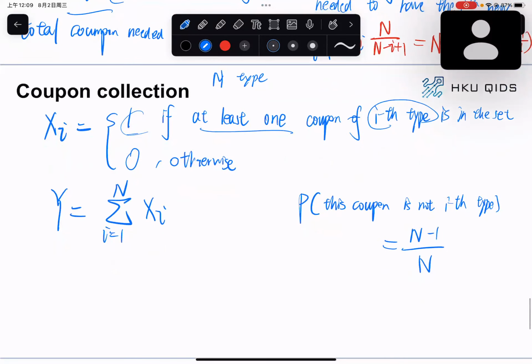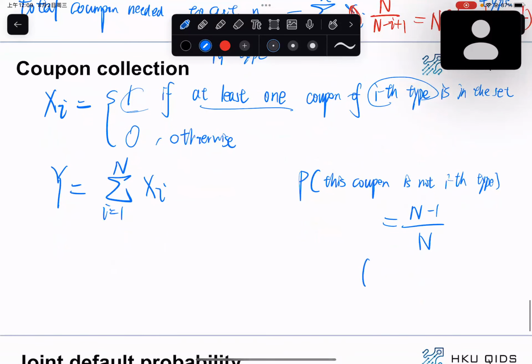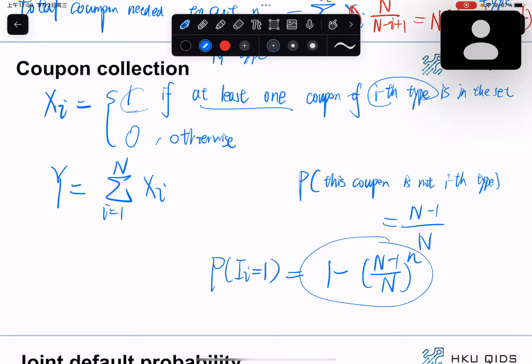And if none of the coupons is the ith type within the n coupons, it is going to be ((n minus 1) over n) to the power n, right? And 1 minus this is equal to what? It is equal to the probability that xi equals 1, right? So this is the probability that at least one coupon of the ith type exists in these n draws, in the n set.